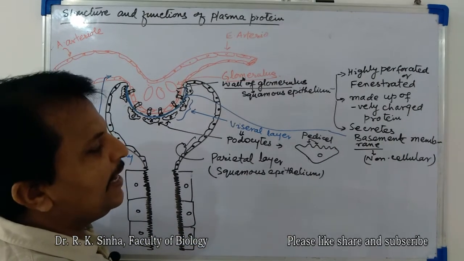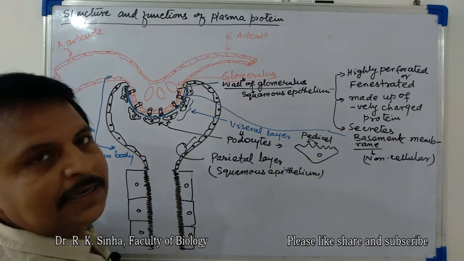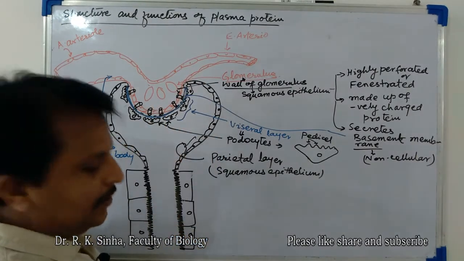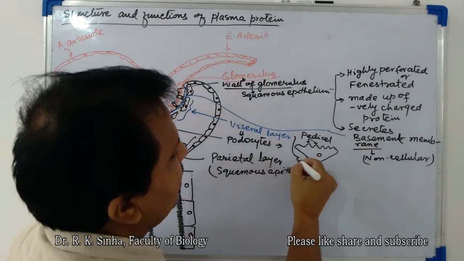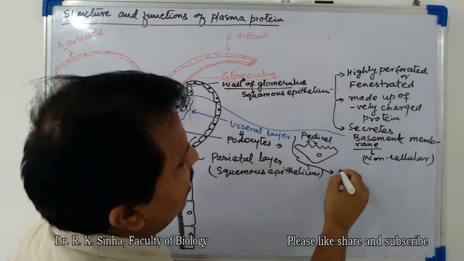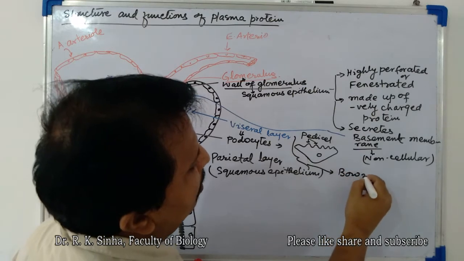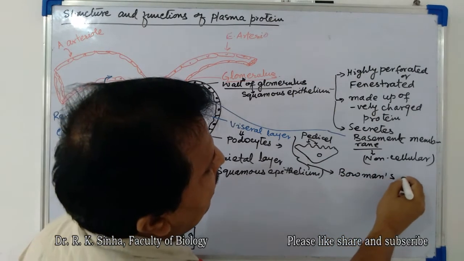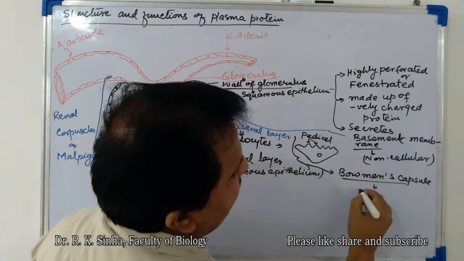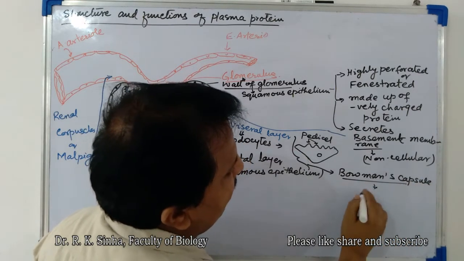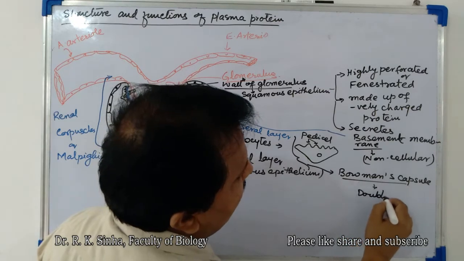We will see in the function of the glomerulus. So these two layers are the part of Bowman's capsule, which is a bilayered, double layer structure.